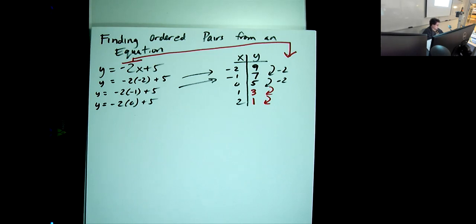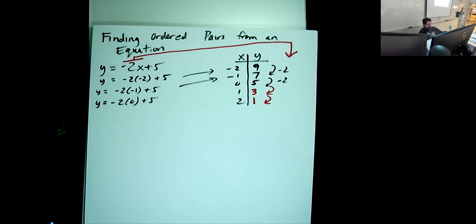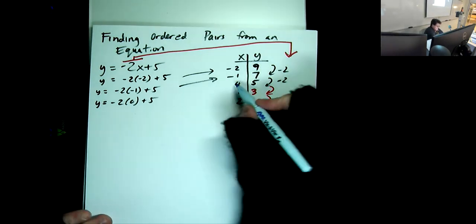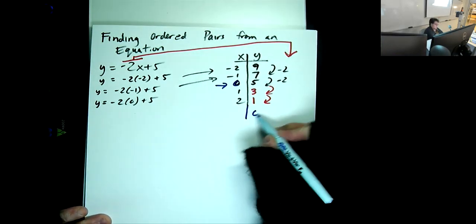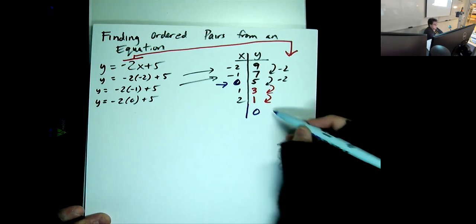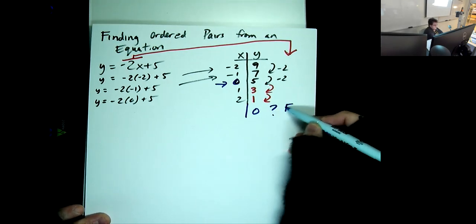Something that actually helps to graph, which we're going to do in a bit, is doing not only where x equals 0, but also let's find where y equals 0. So let's find x here.